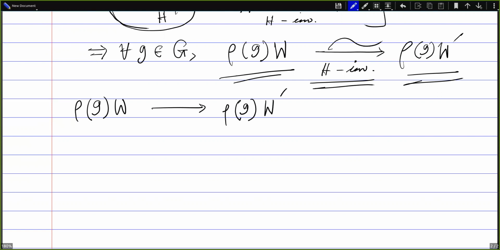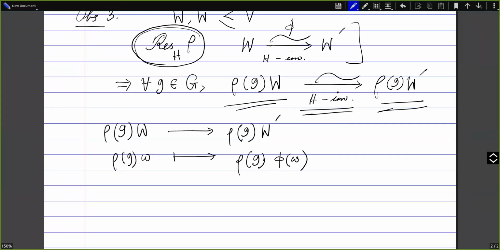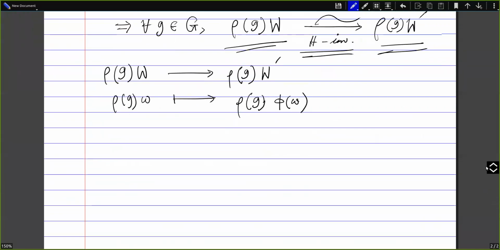A typical element here is rho_g(w), and rho_g(w) goes to rho_g(phi(w)), because phi was an H invariant linear map from W to W prime.